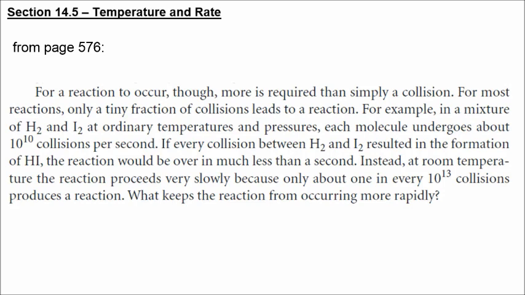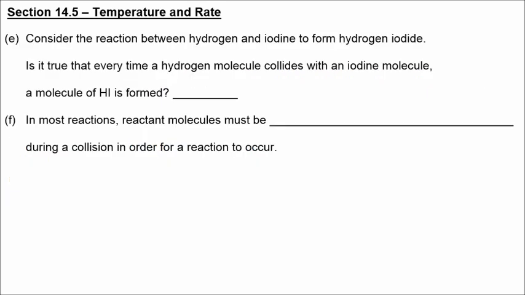Now, if every single time a hydrogen molecule collided with an iodine molecule, you got the formation of HI, the product, the reaction would be over in about a second, even less than a second. But the reaction proceeds very slowly because only about 1 in every 10 to the 13 collisions is actually successful to produce a reaction. So what's keeping the reaction from occurring more rapidly?